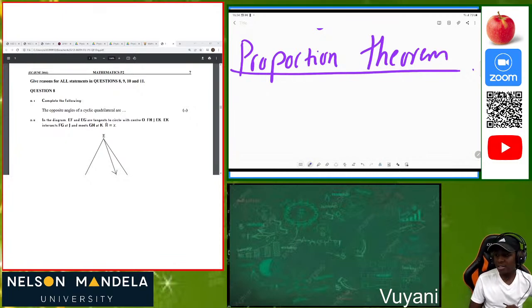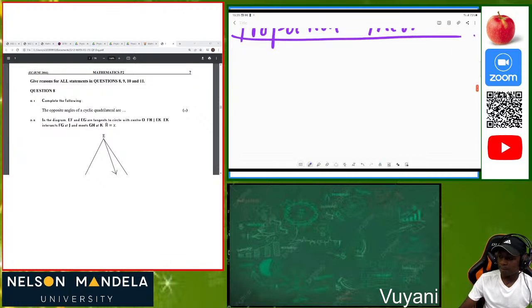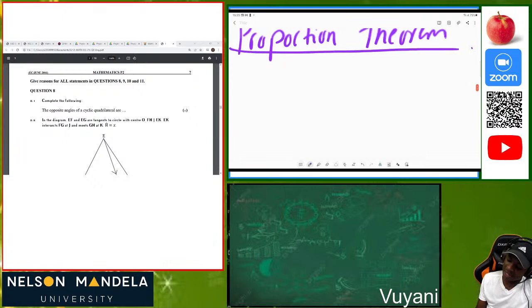I'm going to prove the proportion theorem with you. The proportion theorem states that if a line is drawn parallel to one side of a triangle, it divides the other two sides in the same proportion.